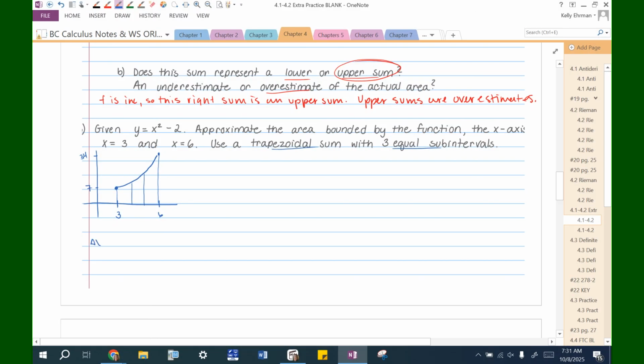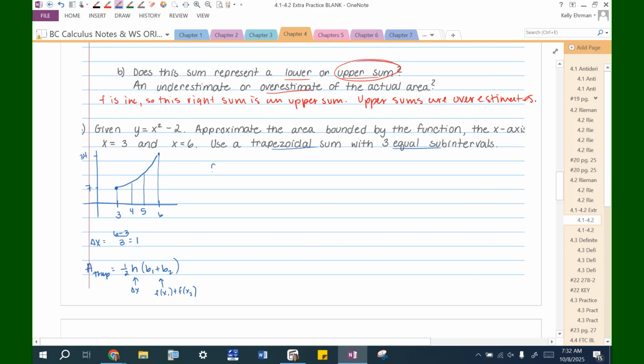So let's see, delta x is 6 minus 3 over 3, which is 1. And trapezoidal sum, remember the area of a trapezoid is 1/2 the height, which is delta x, times b1 plus b2, which are actually f of x1, f of x2.